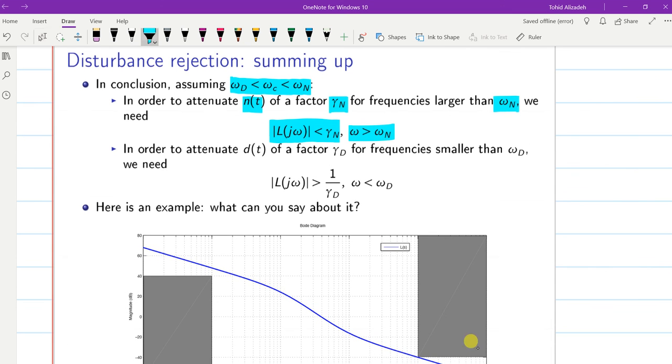In order to attenuate d, the disturbance, by our factor gamma d, we need to have the amplitude of L bigger than 1 over gamma d for the range of frequencies that we have here.